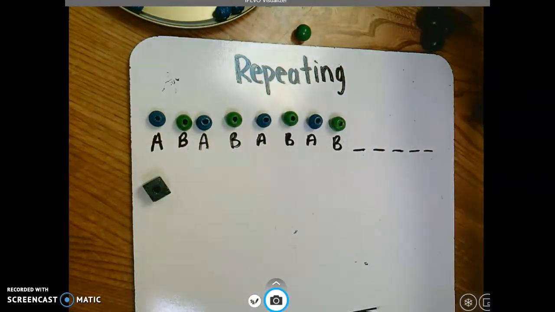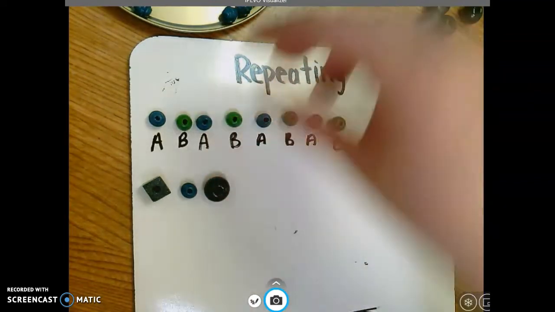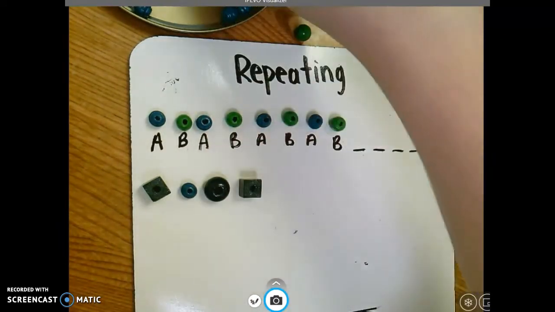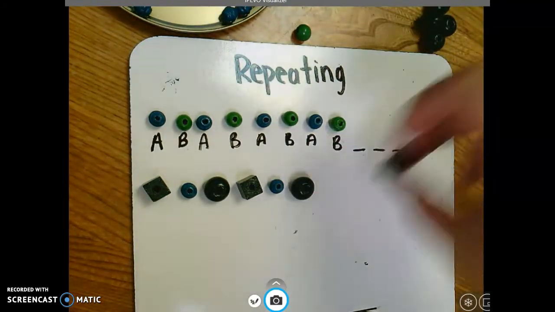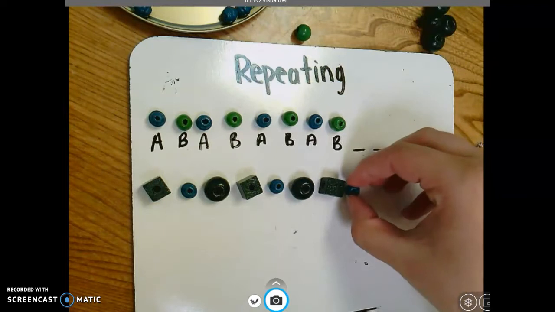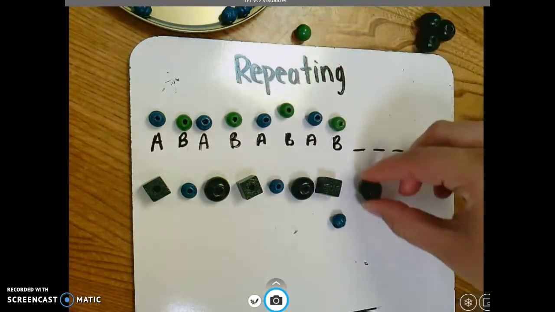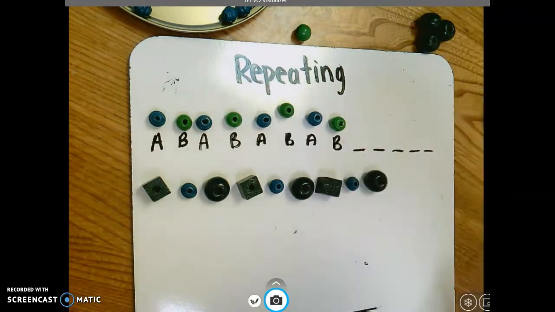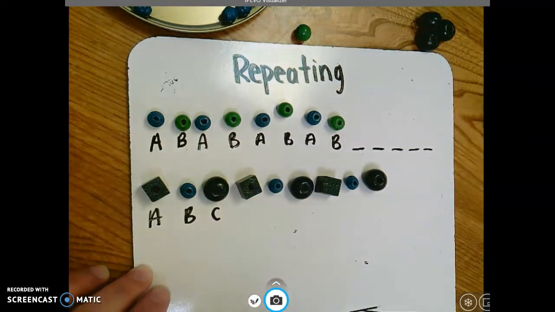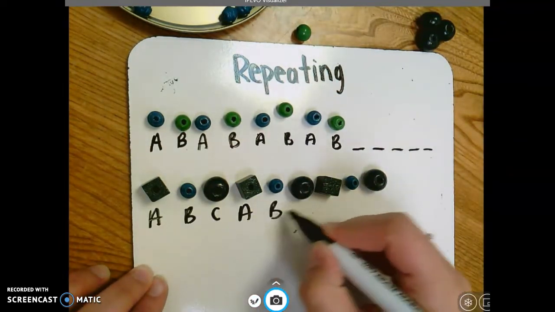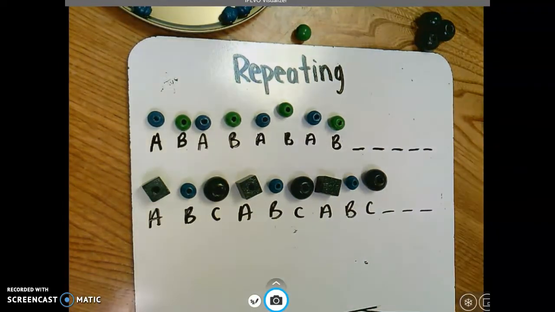We could do, if it was a pattern like this with 3 repeating elements, might look something along these lines. And maybe you figured out that we would call this pattern an A, B, C, because now we have 3 different repeating elements. And we could then predict what would come next.